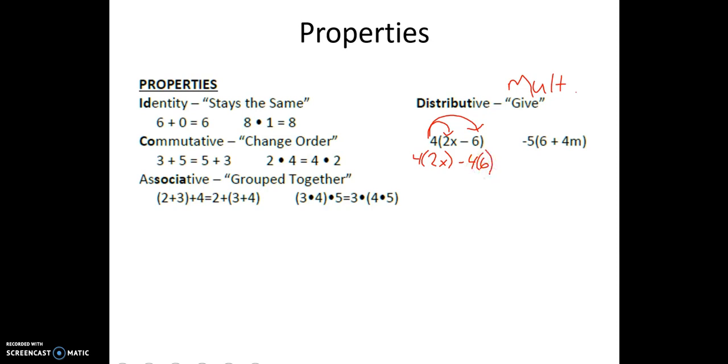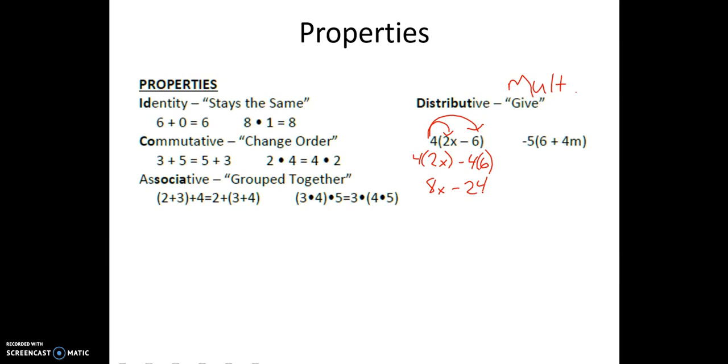So we know it's going to end up being negative. So 4 times 2 is 8x. And then negative 4 times a positive 6, or vice versa, it doesn't really matter. It's going to be a negative answer. And so it is 24. Okay, so the top part was just showing what you're doing, that you're multiplying that.